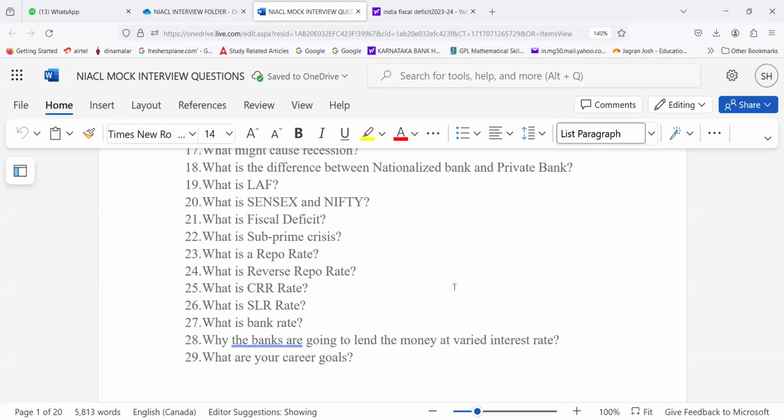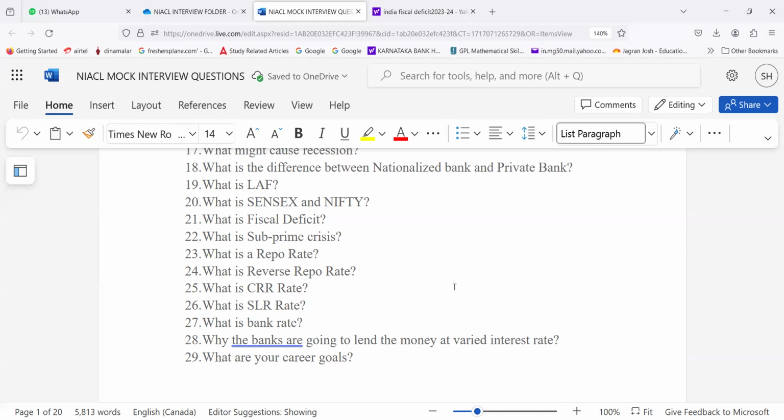CRR means cash reserve ratio. At present, it is 4.5% of net demand and time liabilities of scheduled commercial banks. If a scheduled commercial bank has a deposit of 100 crore, then they have to keep 4.5 crores as deposit in its current account with Reserve Bank of India.